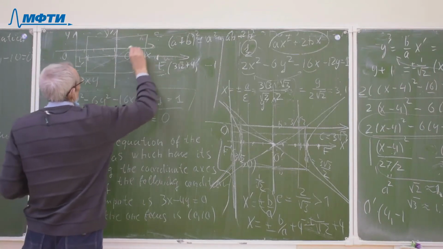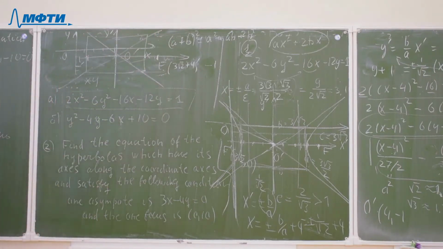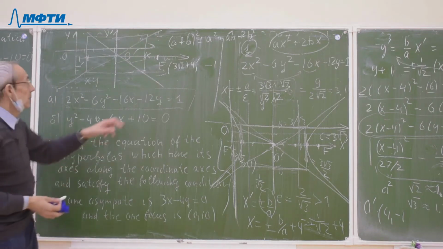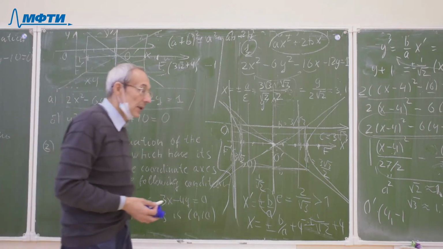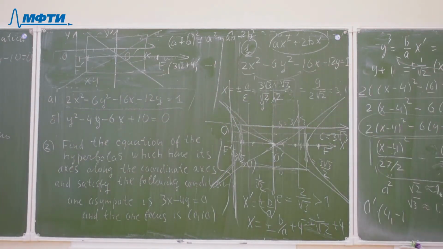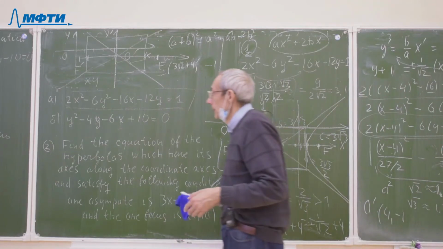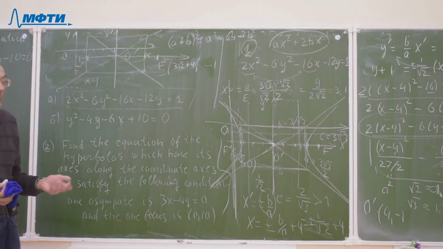In the case of the hyperbola, we can also draw asymptotes and restore foci, restore directrices, and calculate all parameters: eccentricity, coordinates of foci, equations of the asymptotes and directrices. And we have a full picture and full description of our curve.